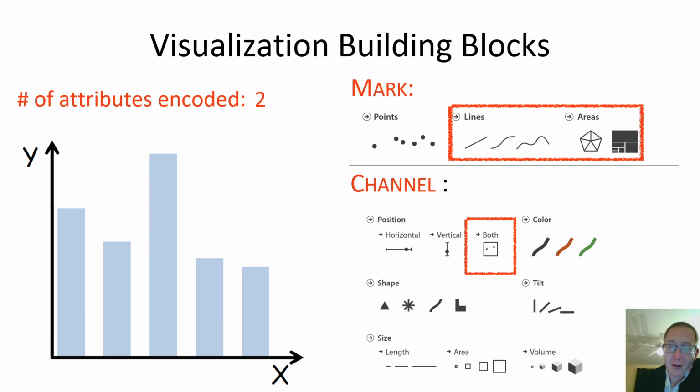I am not changing color at all. I'm not changing shape at all. I'm not changing tilt at all. I am getting the length or the amount of area, both at the same time, depending on how you want to view it. So I'm encoding two different things. I have two different channels. I have position, and I have size, length or area, as my two channels encoding my two dimensions.